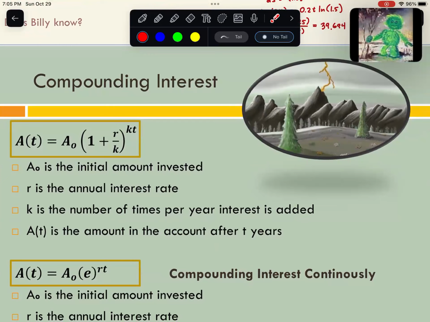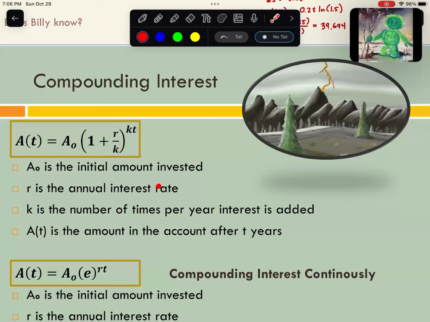But the compounding of interest, often used on bank accounts or loans or things like that, uses these exponential models. Here is a version where interest is compounded at certain increments throughout a given time period. So if this is a yearly sort of deal, okay, well, a sub 0 is your initial starting amount, a of t being the amount at some time t.